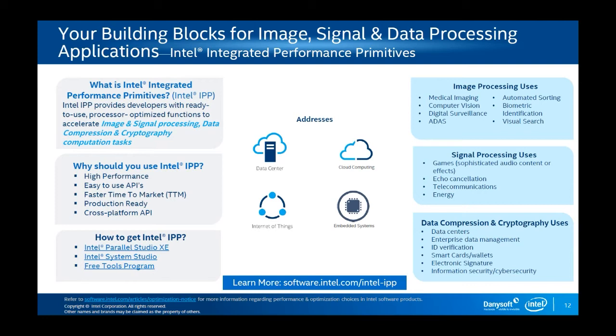It is used for signal processing. And what exactly is this library? Well, this library is an optimized library that tries to exploit the vector and multi-core capabilities of general purpose processors in a transparent way.